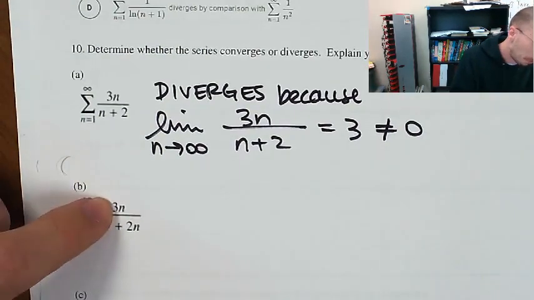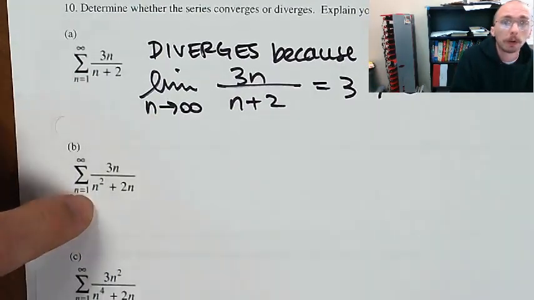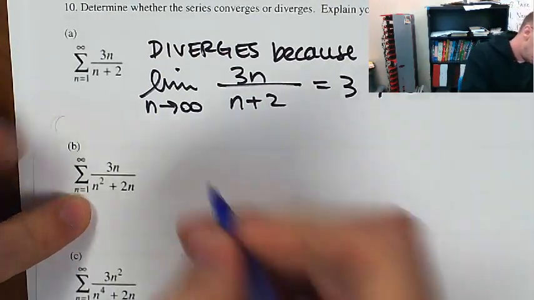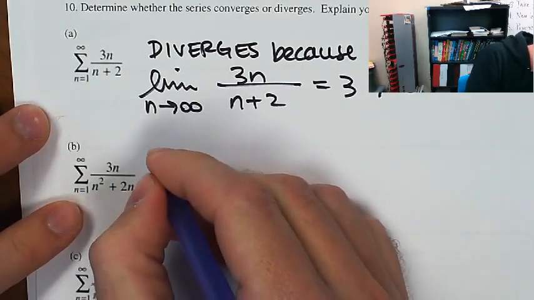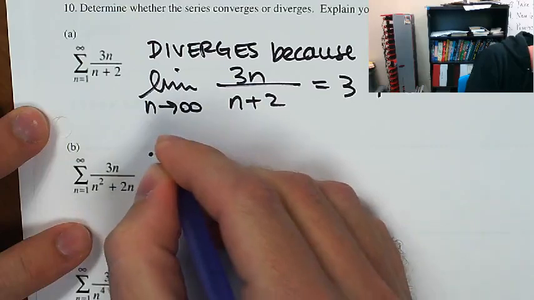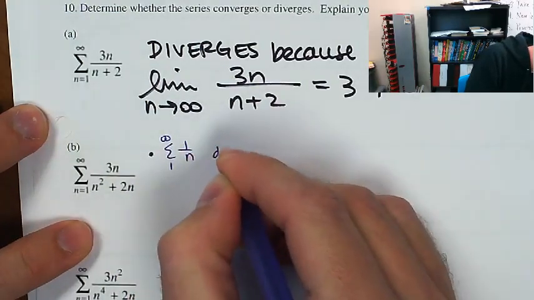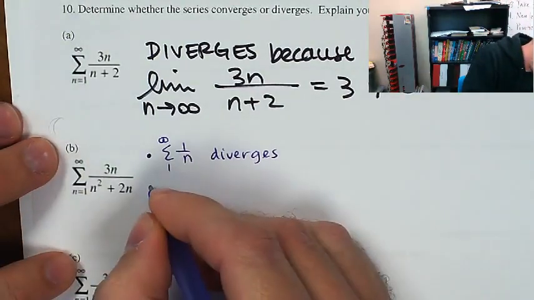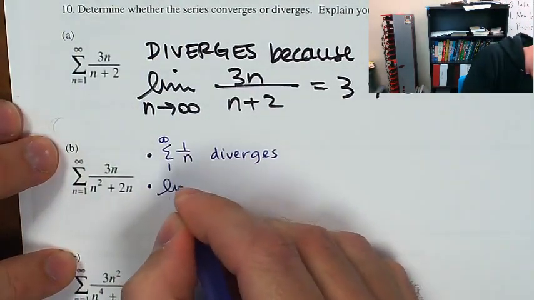This one is bigger on bottom by 1 power, so I know it's going to diverge, and my reasoning is going to be the limit comparison test with the harmonic series. I'm going to say that the sum from 1 to infinity of 1 over n diverges because it's the harmonic series. I don't need to give a reason. We all accept that. Now I'm going to compute the limit.